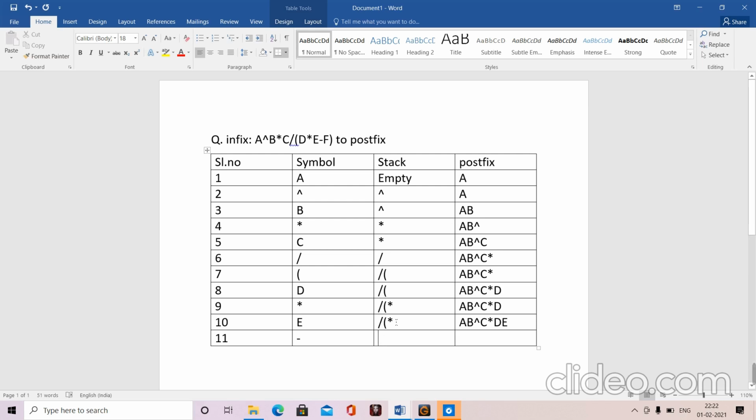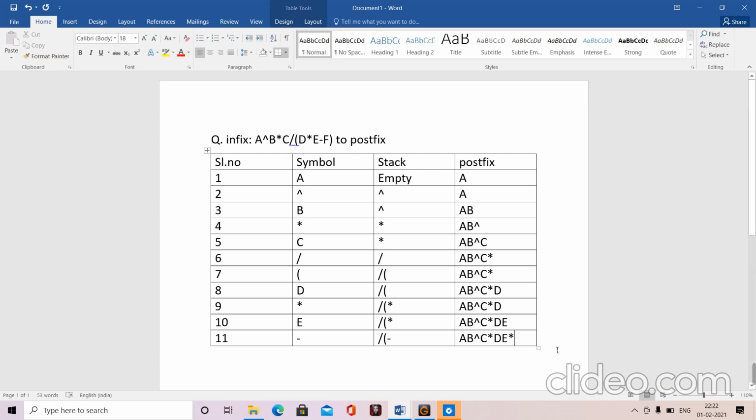So the asterisk will be popped and added to the postfix, and then the minus sign will be pushed onto the stack. So minus will arrive, and the asterisk symbol will be popped out.